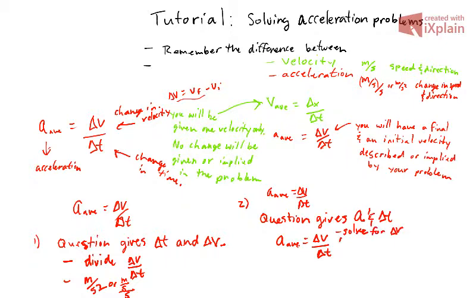So I multiply both sides by delta t over 1, and delta t divided by delta t is just 1. So we get delta t times a average equals delta v. Now we can plug in the numbers and we get our delta v.